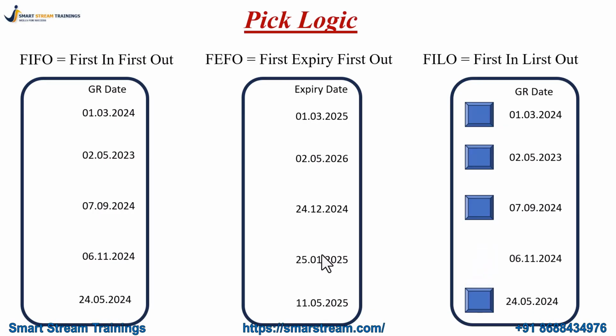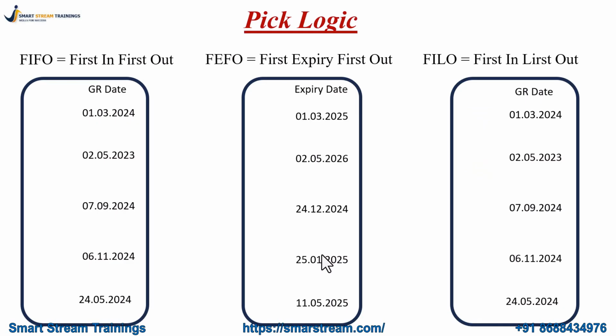The next one we stored, the system will pick automatically if we maintain those strategies. We received one in the ninth month, and in the fifth month the last product was received. So the system will pick that one, and this one and this one. This is how exactly first in, last out works.